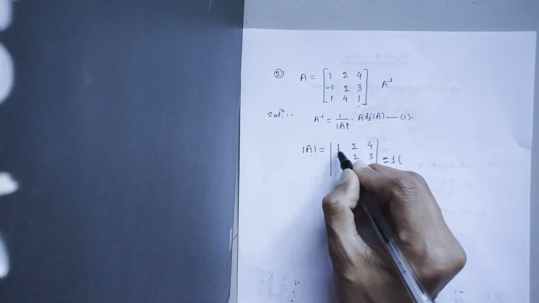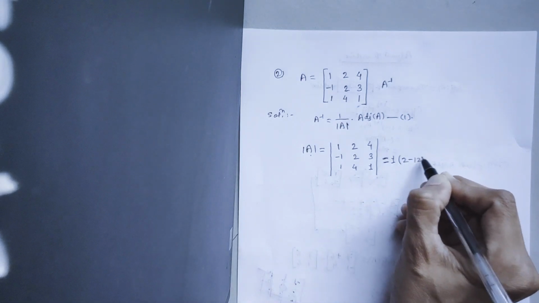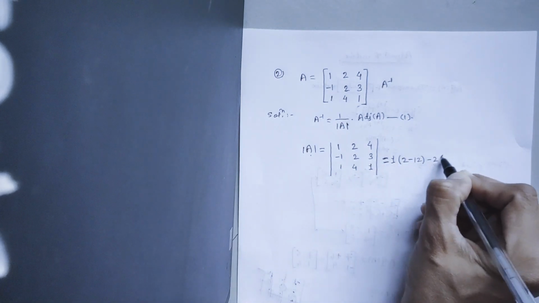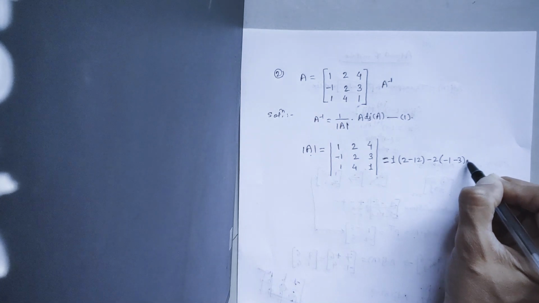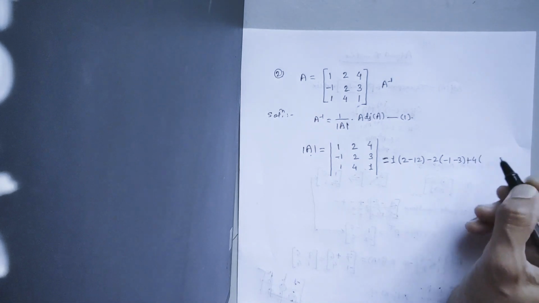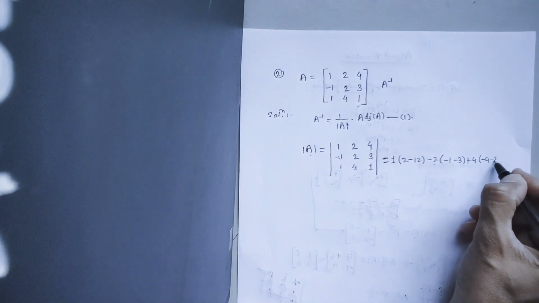So 1 into (2 into 1 minus 12), minus 2 into (minus 1 into 1 minus 1 into 3), plus 4 into (minus 4 minus 2).